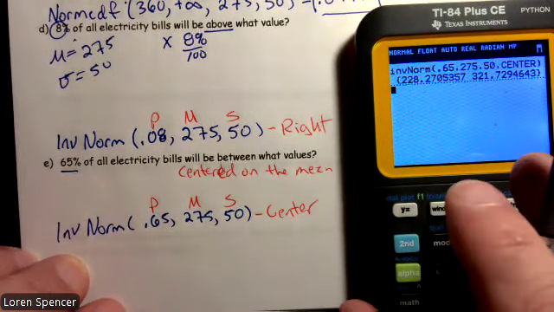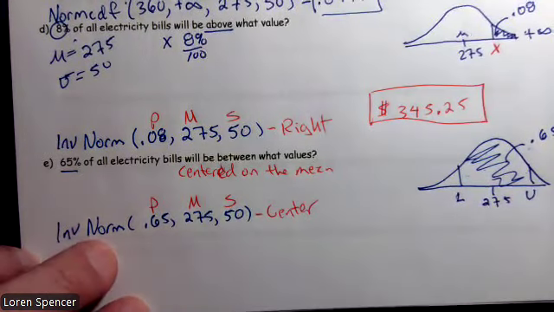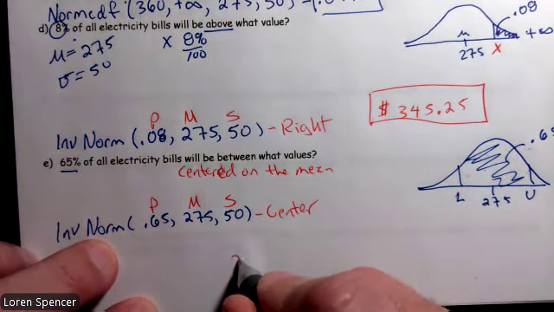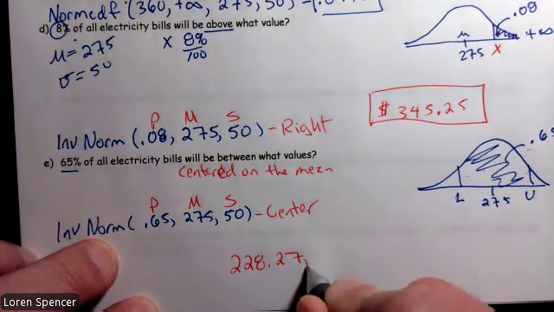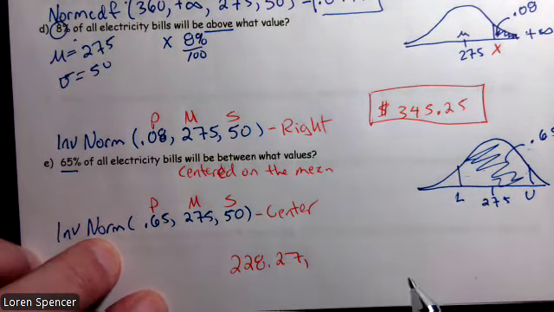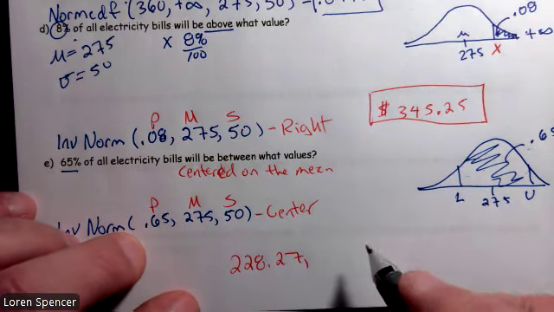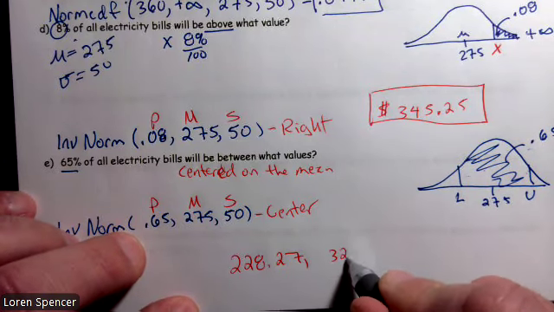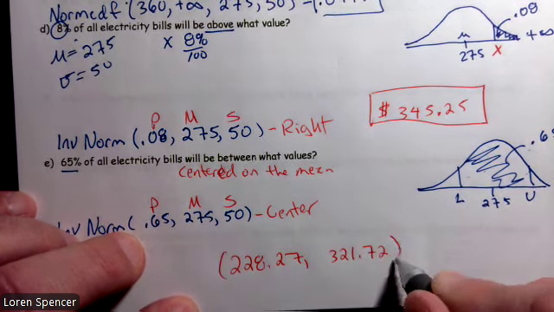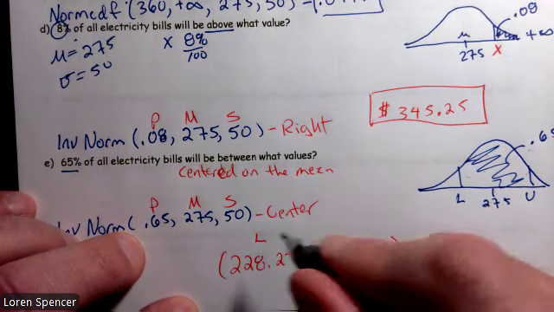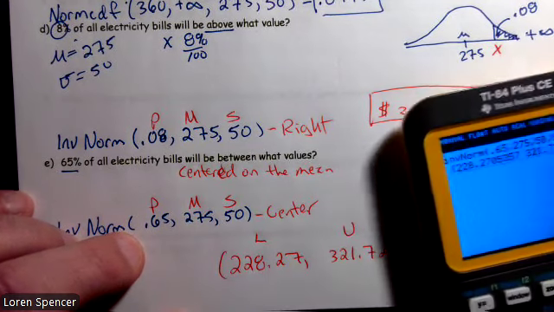So $228.27 to an upper bound of 321.72. This is my lower bound. This is my upper bound.